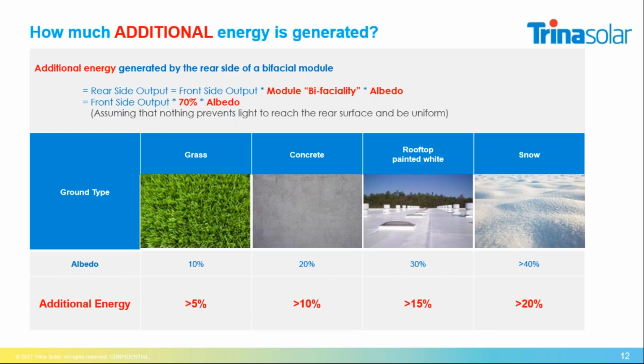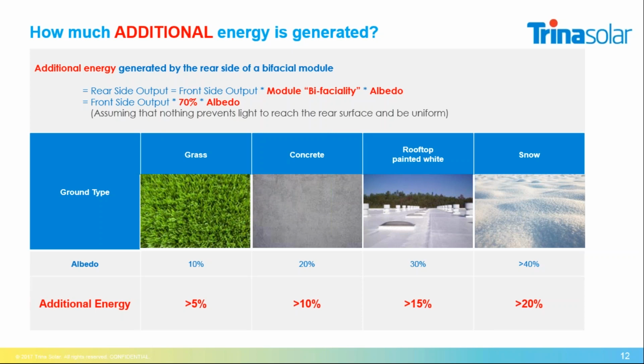Here are some examples about the albedo and the expected additional energy. First of all, I wanted to start on the upper side with the rear side output calculation. The rear side output, the back side power, depends on two points. One point is the bifaciality properties of the cell.